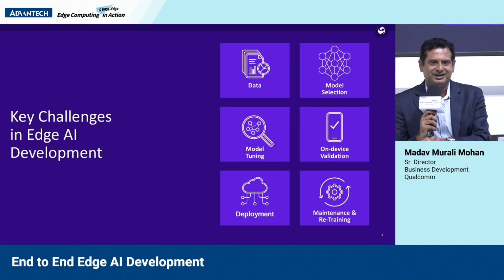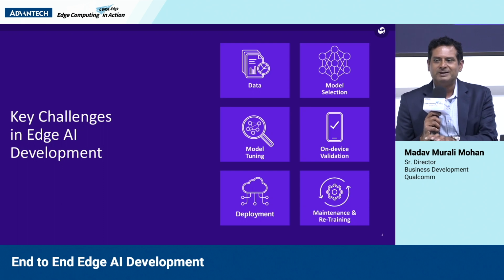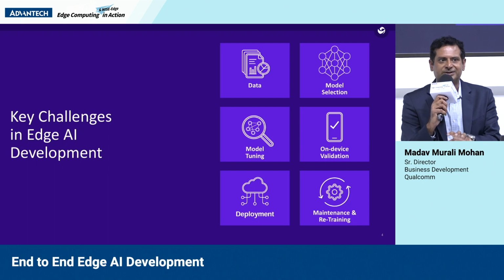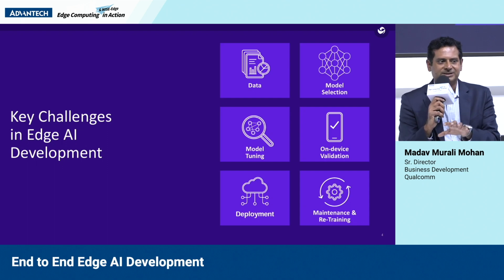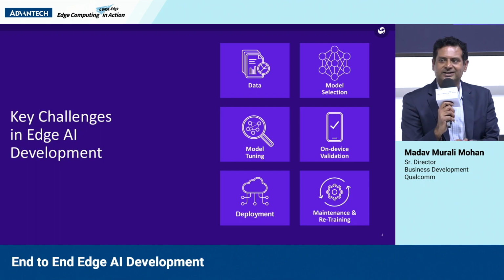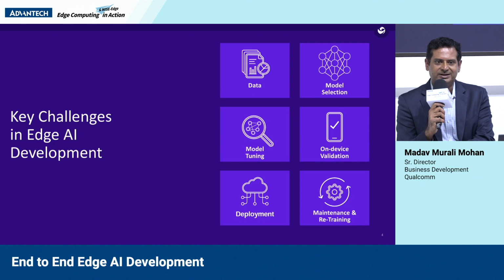Data is very important, edge data, but it is also the most difficult to find, because reports say that around 90% of the data you collect is discarded because it is bad data.